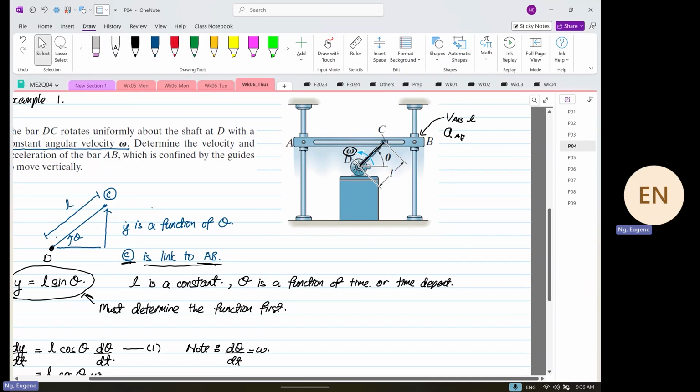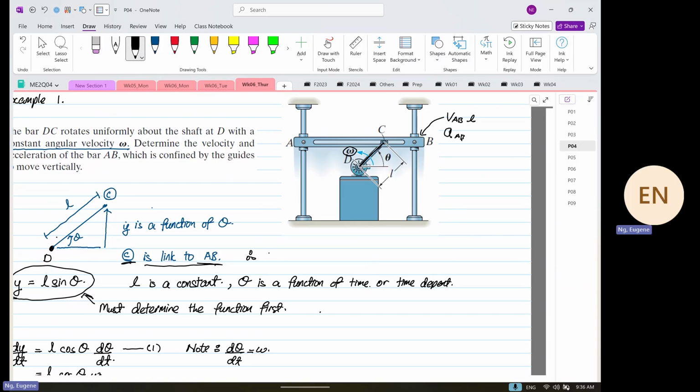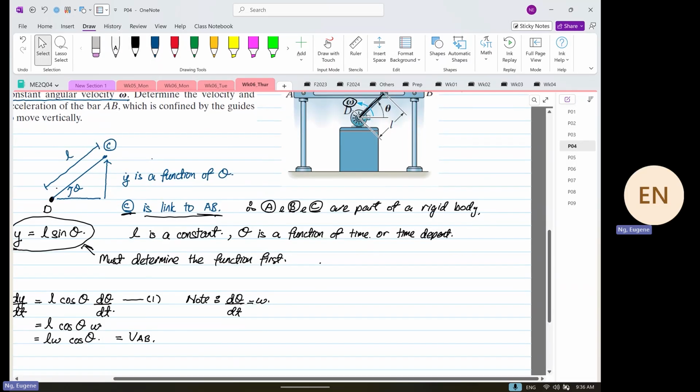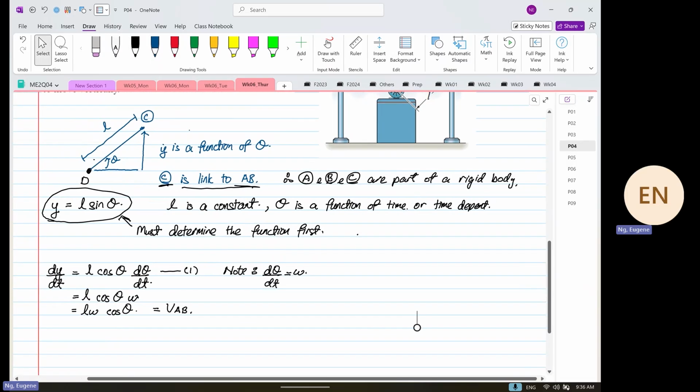What we realized is this. Points, therefore, when this is specified, sorry, I missed this out. Points A, B, and C are part of a what? Rigid body. Okay.